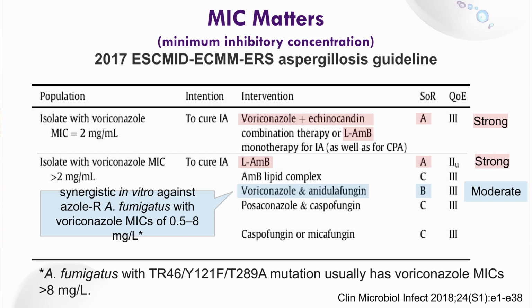For isolates with voriconazole MIC higher than 2, liposomal amphotericin B remains a strong recommendation. However, voriconazole and echinocandin combination becomes a moderate suggestion. For isolates with an even higher MIC, more than 8, the synergistic effect of voriconazole and echinocandin combination may disappear, so the combination would be less beneficial.